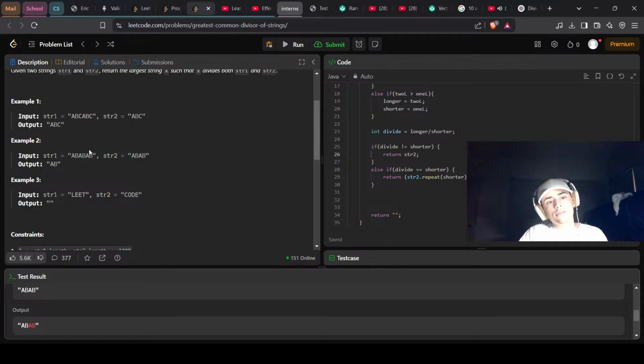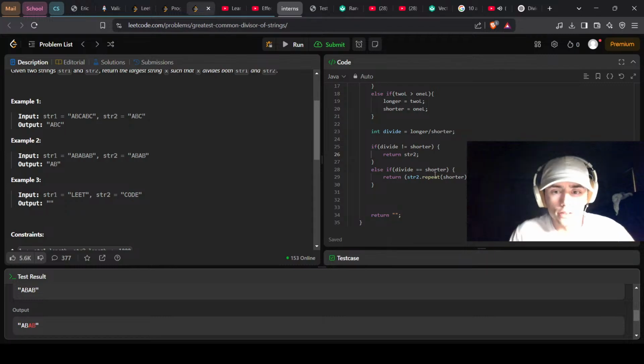If you divide these two, you get 1. Or no, if you divide these two, you get 2. Divide these, you get 1. It'll work here. Well, most of it's not shorter. We're gonna keep getting this.